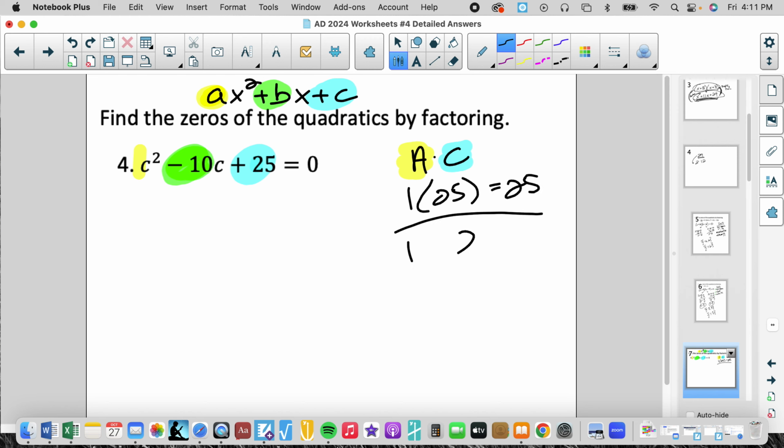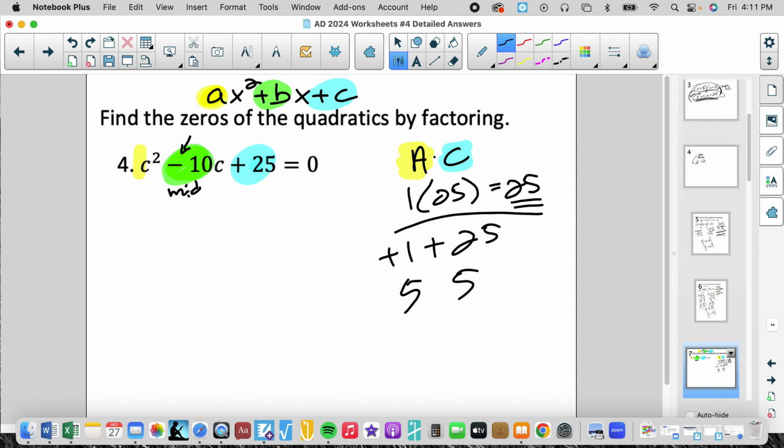Factors of 25 are 1 and 25. 2 no, 3 no, 4 no, 5 and 5. Now, my signs, positive. What gets positive? Well, positive times a positive, or a negative times a negative makes a positive. So I have to figure out what are my signs. We're going to add and subtract, and it's going to equal my middle term.